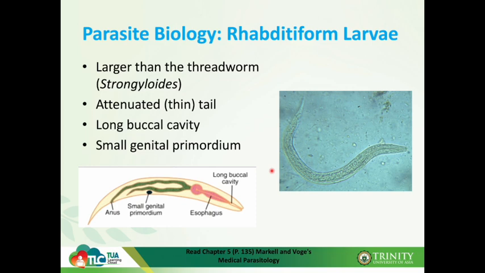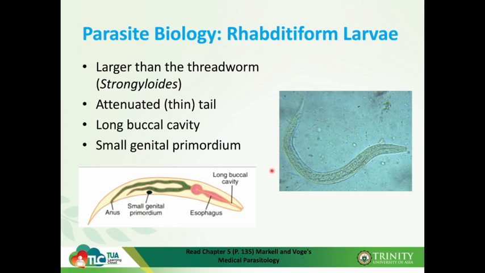That is why when you view eggs under the microscope, you won't be able to tell really what species that is. That is why we use, diba, the Harada Mori method so that we can culture the egg, allow them to hatch, and then when the rhabditiform emerges, we can view them under the microscope and check kung ano yung identity nila based on the traits that we have discussed.